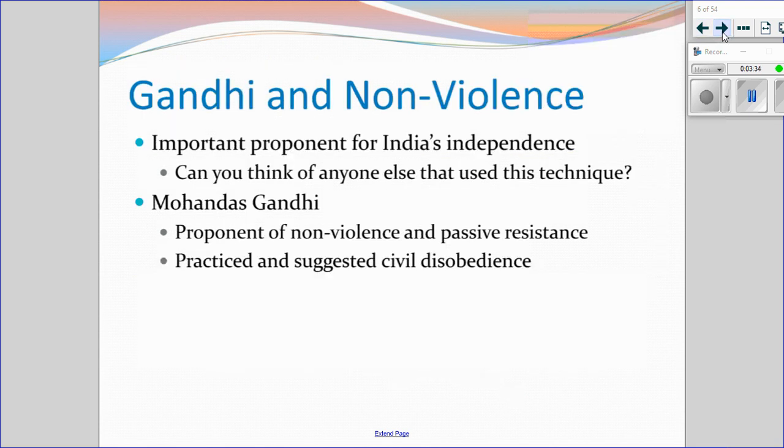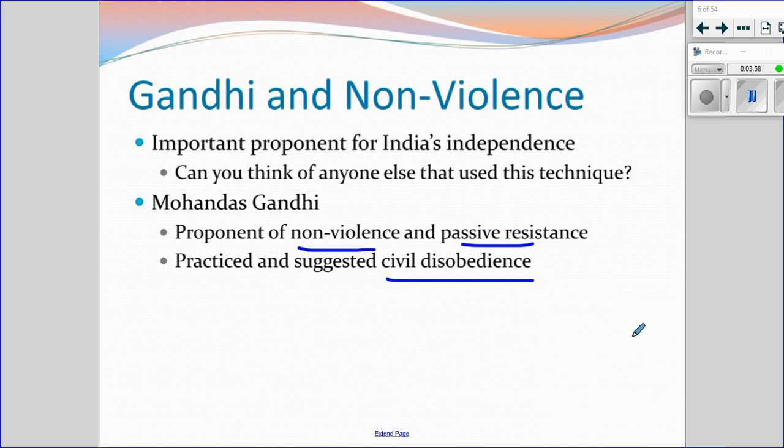It's very successful. So Gandhi becomes an important leader in India's independence movement. Non-violence and passive resistance are his key strategies, and civil disobedience. Civil disobedience is where you disobey a law because that law is unjust.